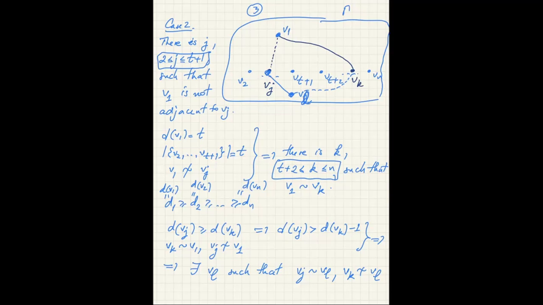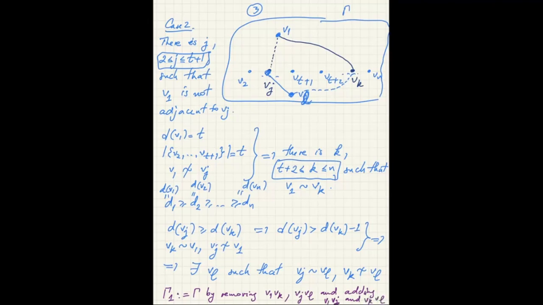And now what we do is we change the graph. Let's call graph gamma 1 the graph obtained from gamma by removing, so what we are going to do is switch two edges. We remove the edges V1Vk and VjVL, and add the edges V1Vj and VkVL.